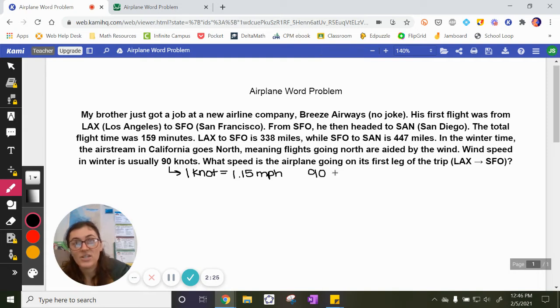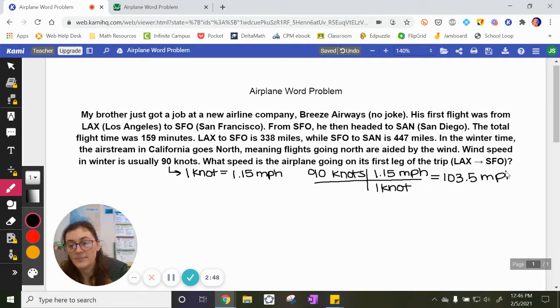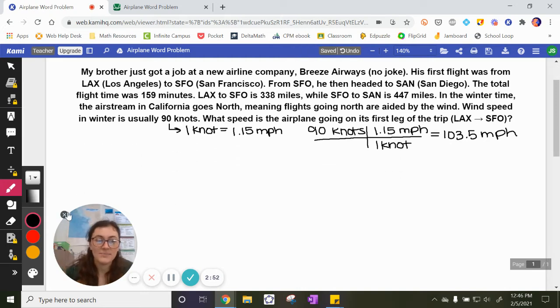So doing a calculation probably similar to the calculations you do in science class, I'm just going to convert 90 knots to miles per hour. And so it just turns into the calculation 90 times 1.15, which is 103.5 miles per hour. So that's just a little side note I wanted to do before we get started.